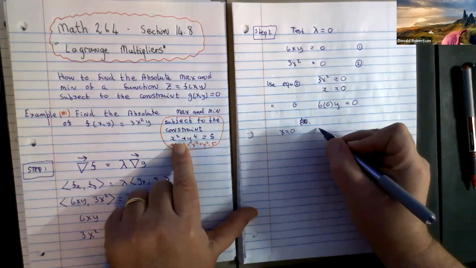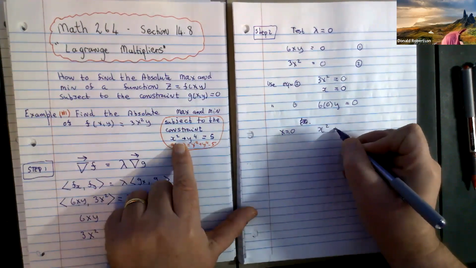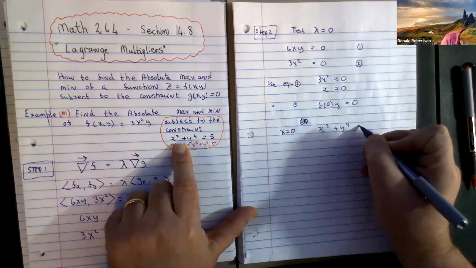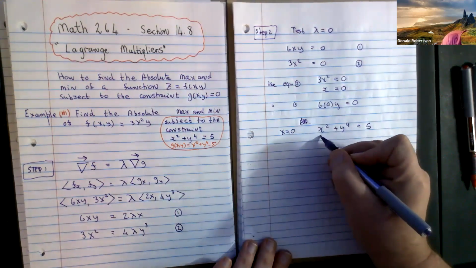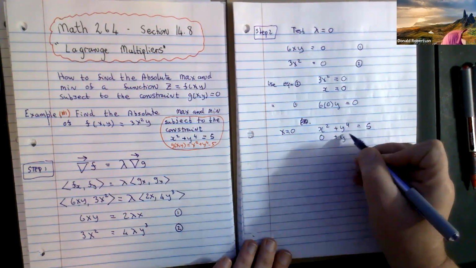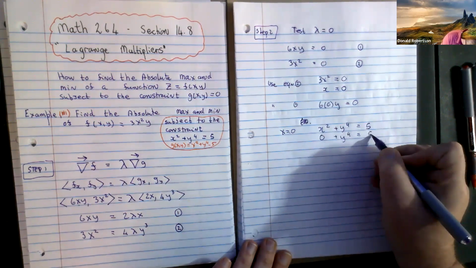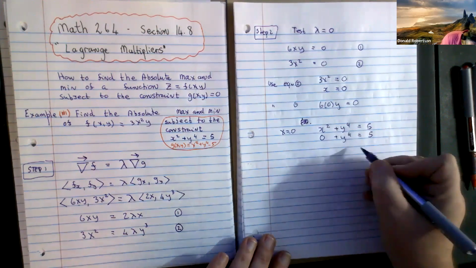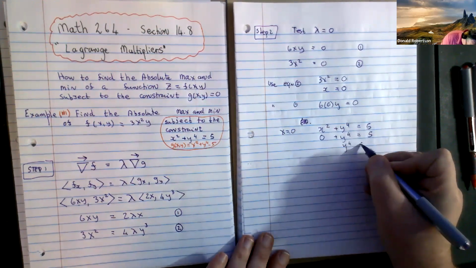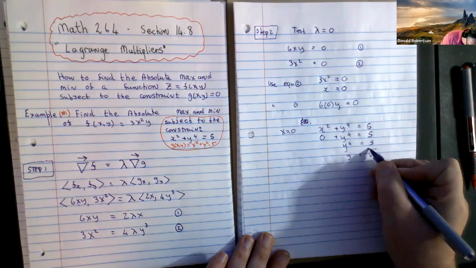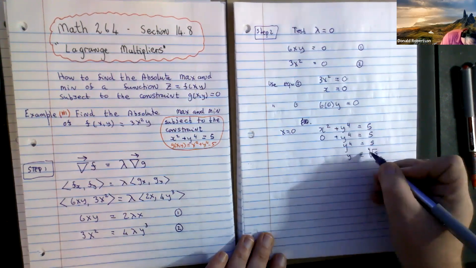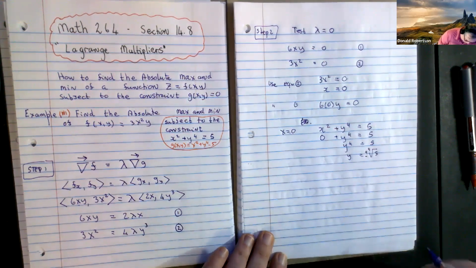So I now go to my constraint, and I have x squared plus y to the 4 equals 5. And if x is 0, that means 0 plus y to the 4 equals 5. And that makes y to the 4 equal to 5, and that makes y the 4th root of 5, and technically speaking, plus or minus the 4th root of 5.